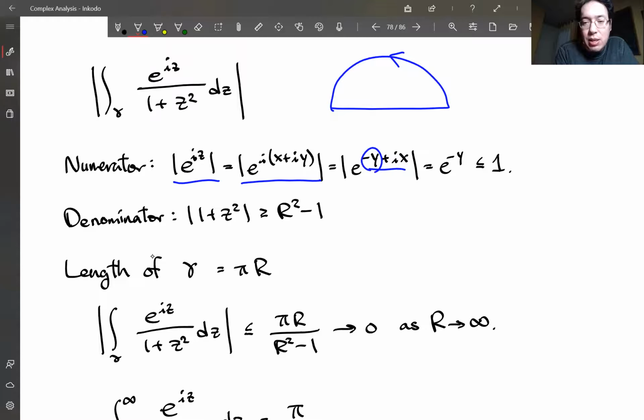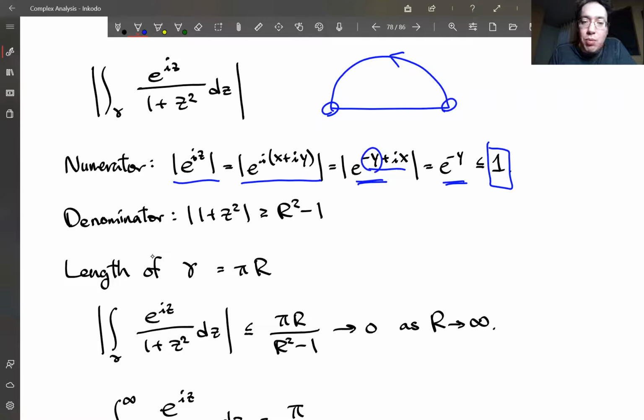That means e to the negative y is largest when the imaginary part is 0, which happens at the beginning and the end of the semicircle. At that portion, the numerator is e to the 0, equal to 1. So that's the largest the numerator can get.